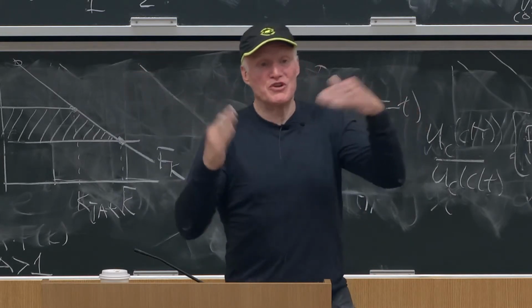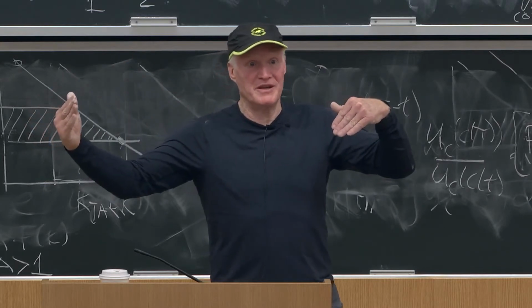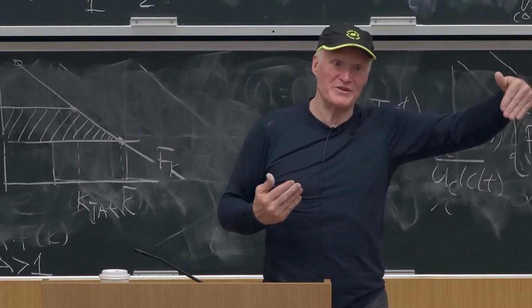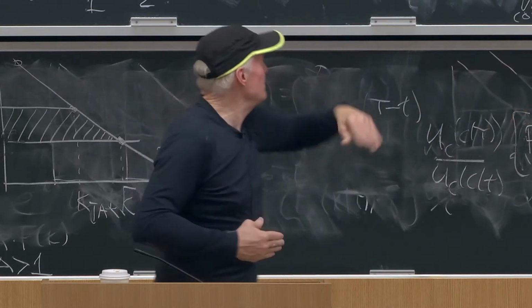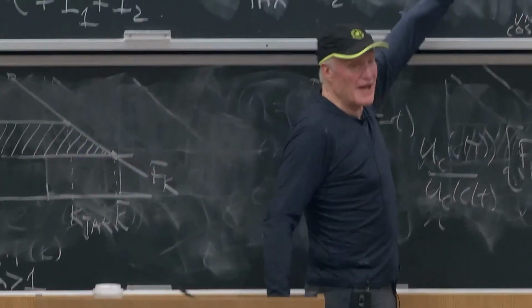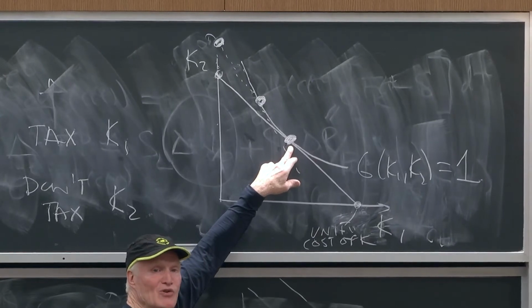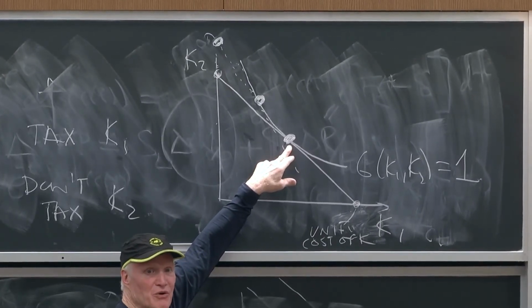That is, you could still produce 1 unit of K1 by giving up 1 unit of consumption, and you could still produce 1 unit of K2 by giving up 1 unit of consumption. But the way in which those are being combined to produce the capital aggregate is going to be inefficient now. It's as if you have a worse technology. It's more like a reduction in A in our previous world.